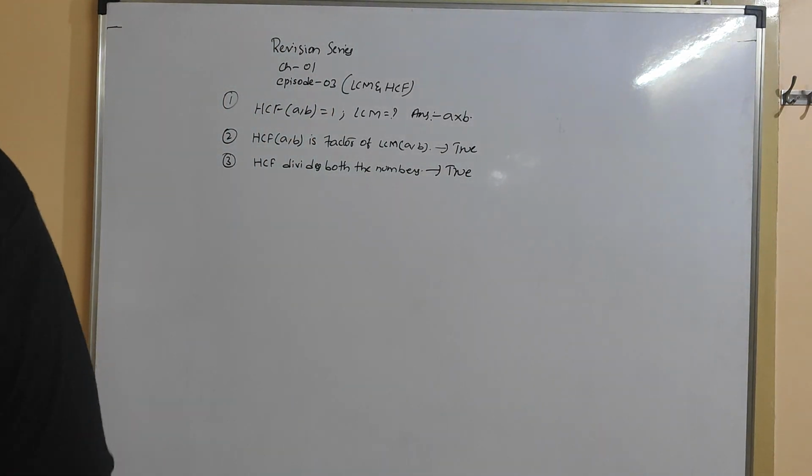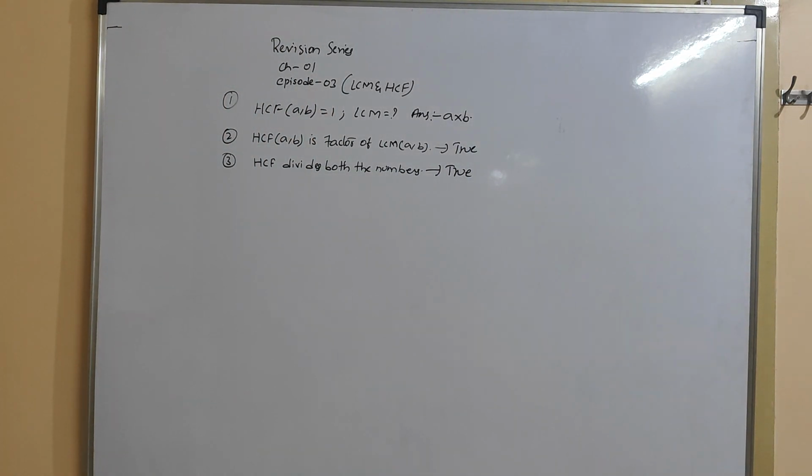HCF is always a factor of LCM for the given two numbers. If it is a factor, it will be dividing those numbers, right? This will be asked in your MCQs or in assertion and reasoning, so be careful. These are little questions regarding LCM and HCF for your MCQs.